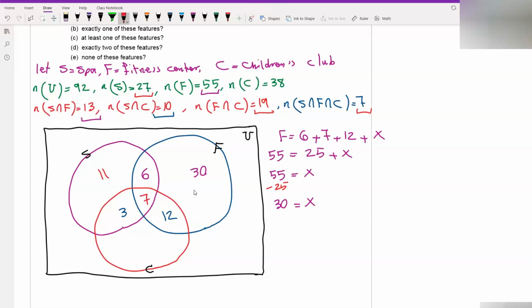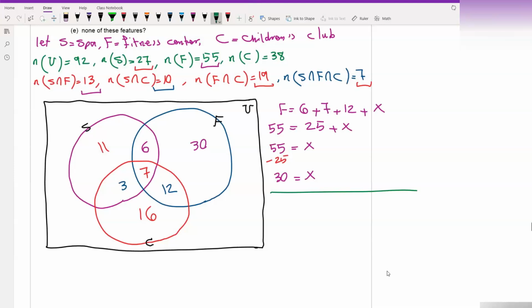Finally, for children's club, 7 plus 3 plus 12, we have 22, but we should have 38. So that is 16. So I'm going to add all these numbers.